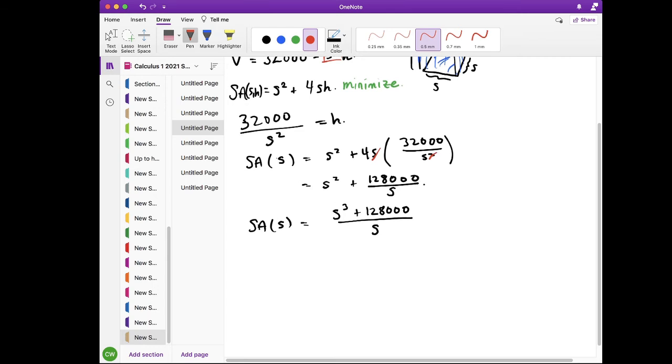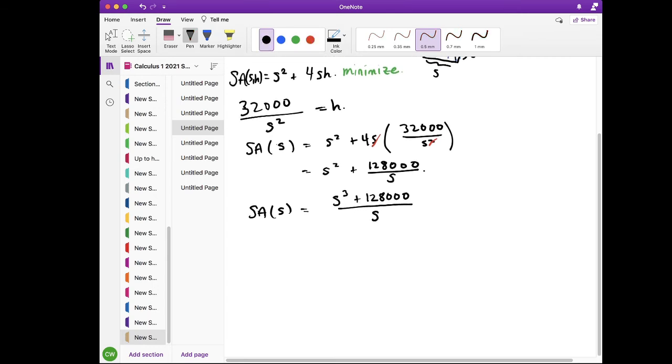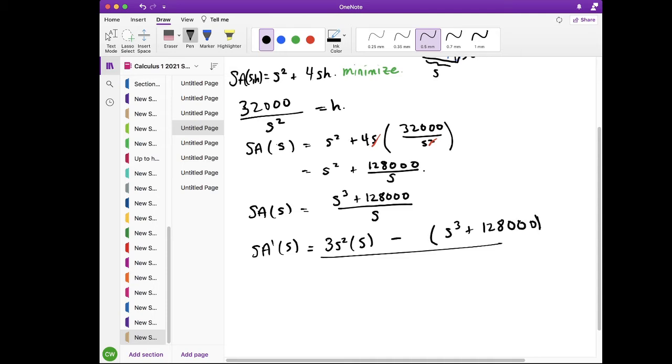Okay. All right, so let's take the derivative. So derivative of the numerator is just 3S squared. And minus the denominator times the derivative of the denominator, sorry, which is 1, times S cubed plus 128,000, over S squared.